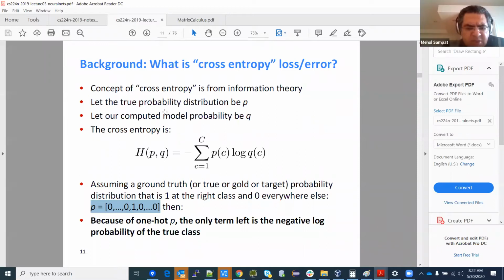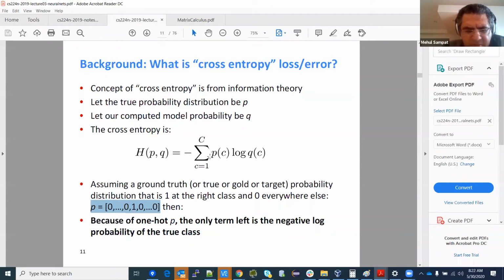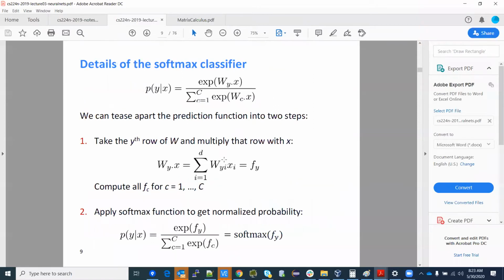Okay, so we have n training samples, right? For each training sample, we have the label, so P of C will be 1 for the particular class, and you're computing the softmax only for that particular class.